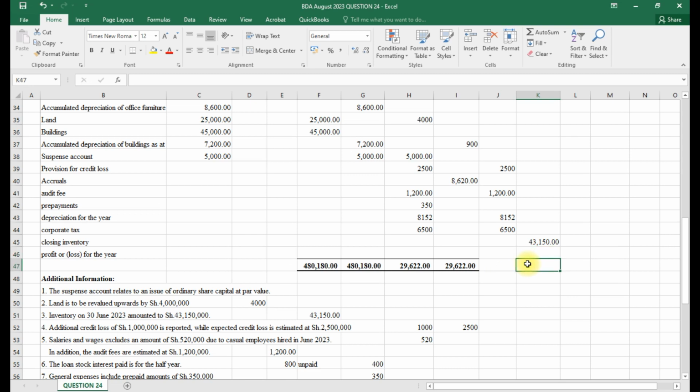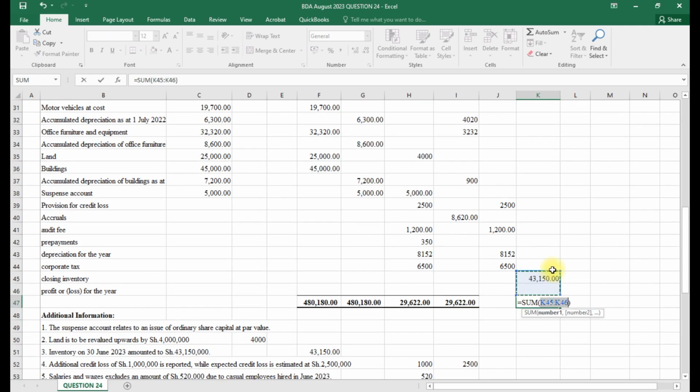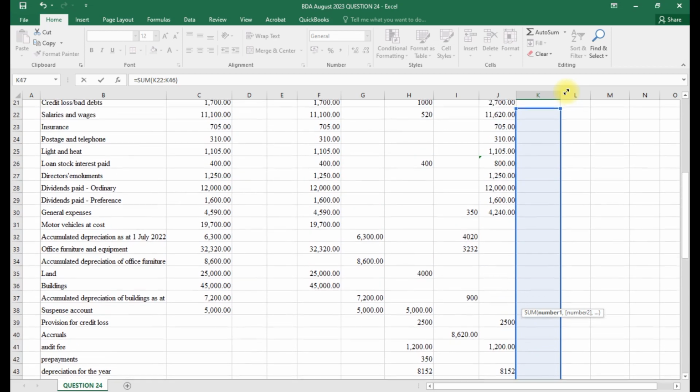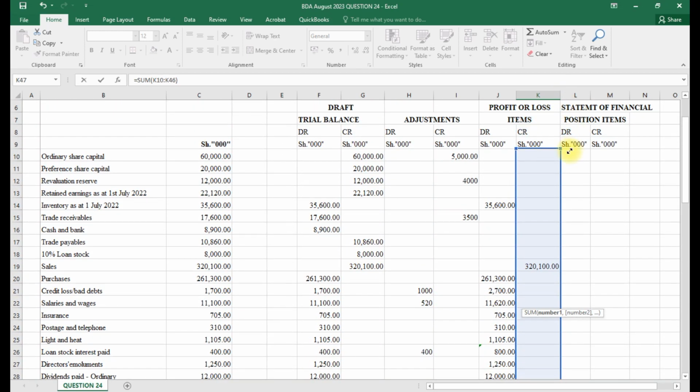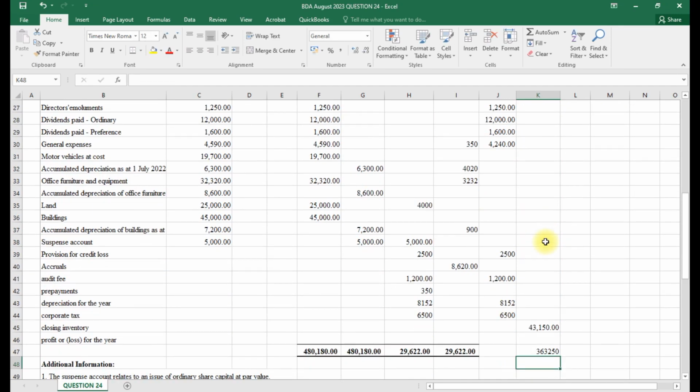Alt equals, and I'll drag this. Yeah, up to that point. So I'll have the 63, but this one on the debit, let me do it here, and I'll adjust, alt equals.